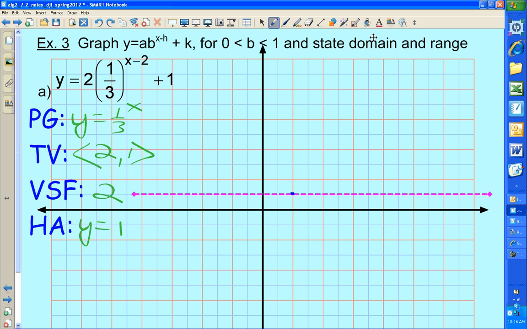Did you put 1/2 of the vertical stretch? 2 times 1/3 is 2/3. So we would go right 1 up 2/3. Are you with me? Okay.